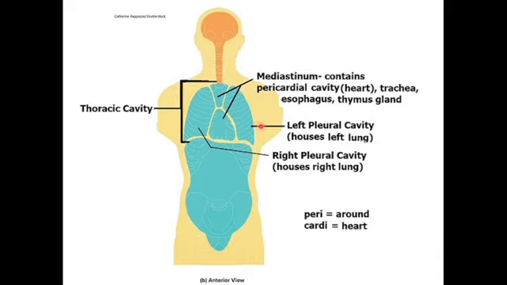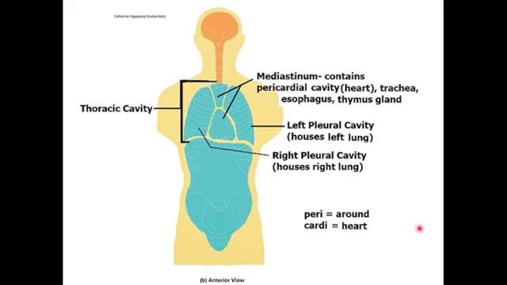First we have the left pleural cavity, which is this part, which is the lungs, and the mediastinum, which contains the pericardial cavity.